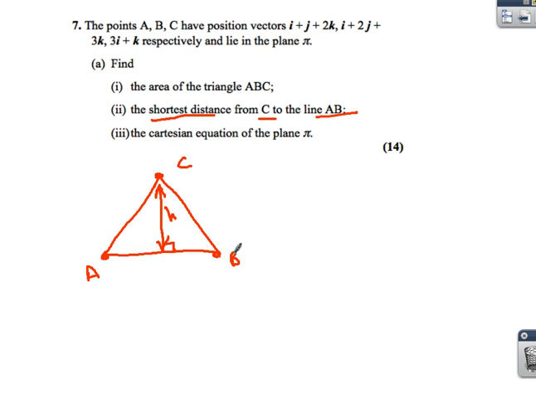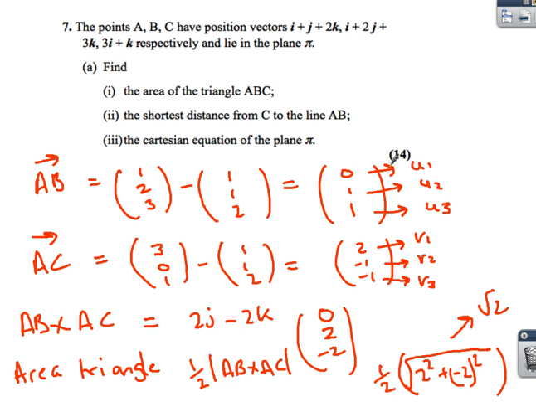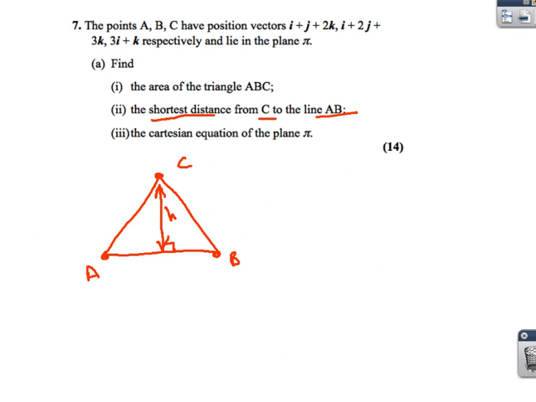Well, we already know the distance from A to B. If we go back here, from A to B was 0, 1, 1. So if you want to find the distance of AB, it's going to be the square root of 0 squared plus 1 squared plus 1 squared, which is equal to root 2.